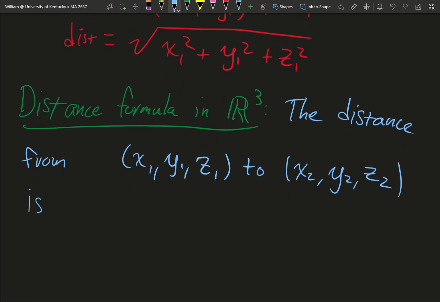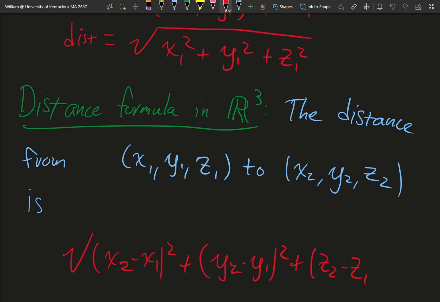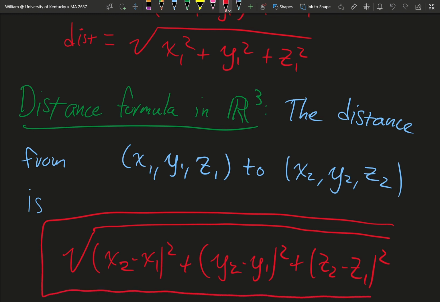So the distance from this point to that point is the square root of x2 minus x1 (or x1 minus x2) squared, plus y2 minus y1 squared, plus z2 minus z1 squared.